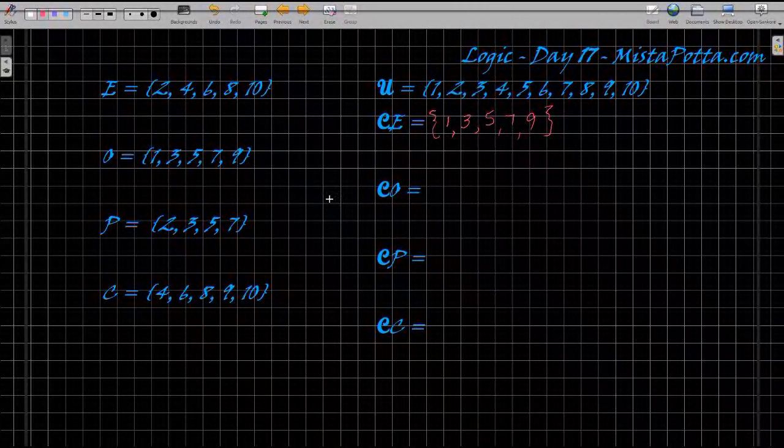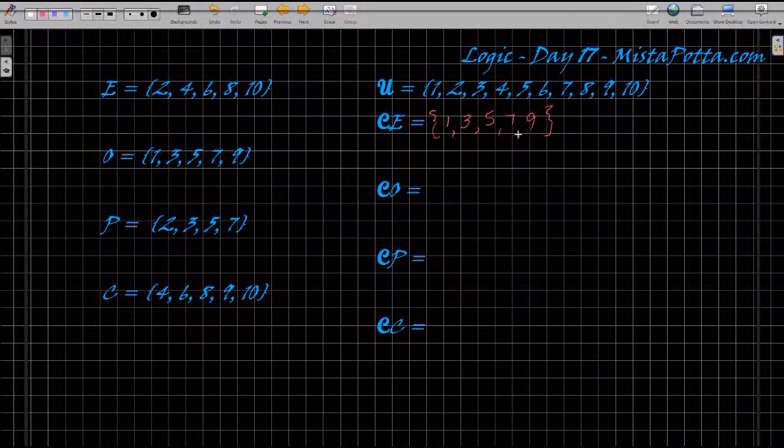So I've got this set that's the complement of E. It kind of goes with E together to make the entire universe. But it's a set of everything that's missing from me. These are all of the is not an even number.